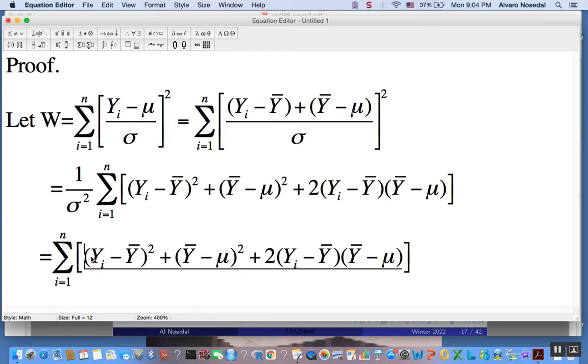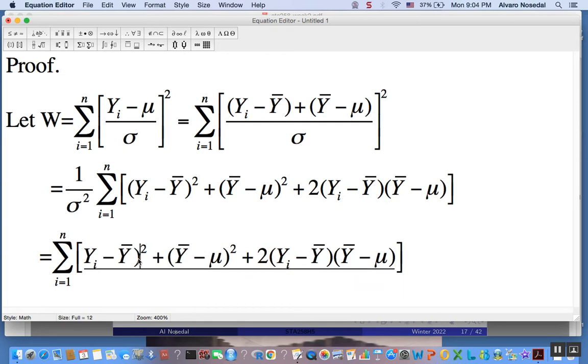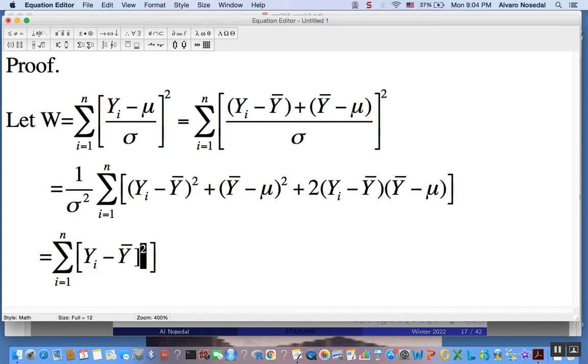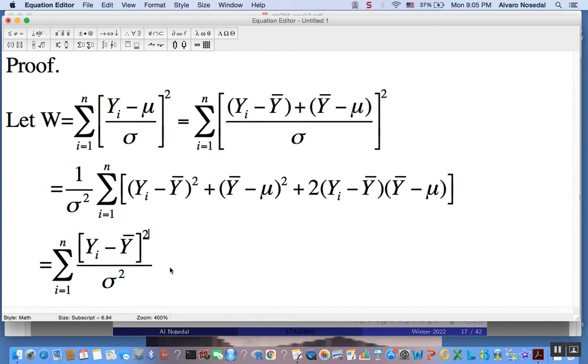So that's the same as this divided by sigma squared, plus, now we have that.